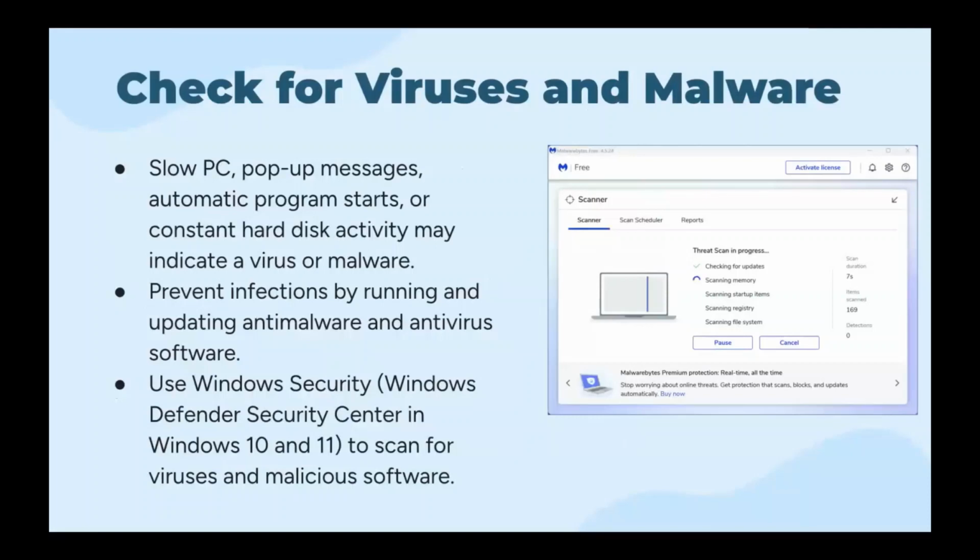Prevent infections by running and updating anti-malware and antivirus software. Use Windows Security, also known as Windows Defender Security Center, in Windows 10 and 11 to scan for viruses and malicious software.